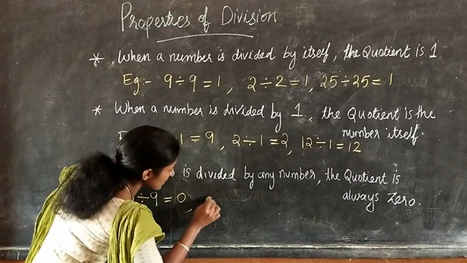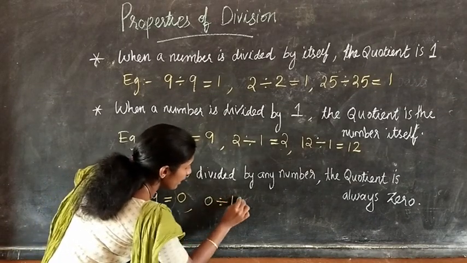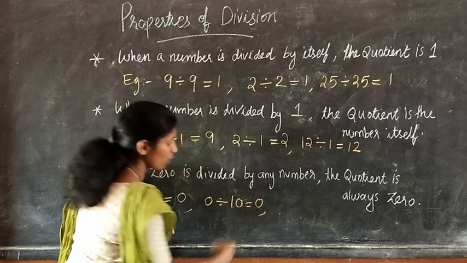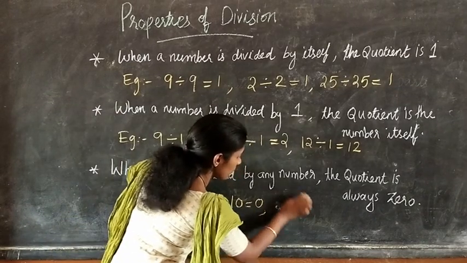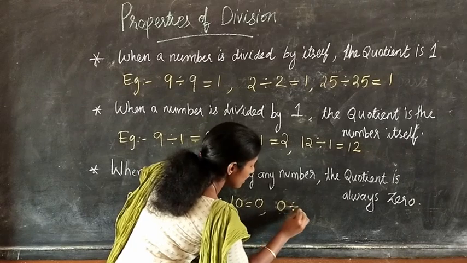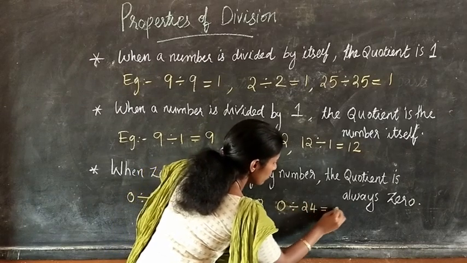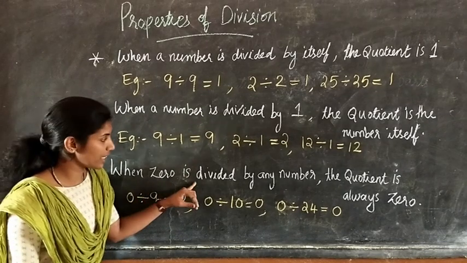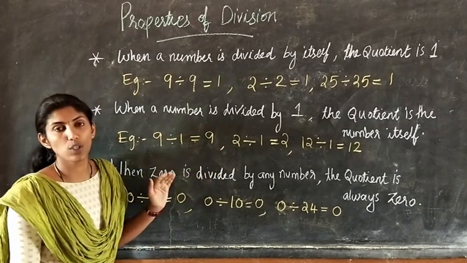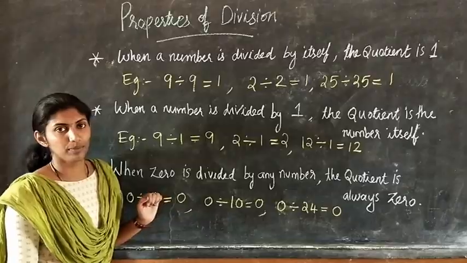Then 0 divided by 10 is equal to 0. One more example. 0 divided by 24 equal to 0. So, third property, when 0 is divided by any number, the quotient is always 0.